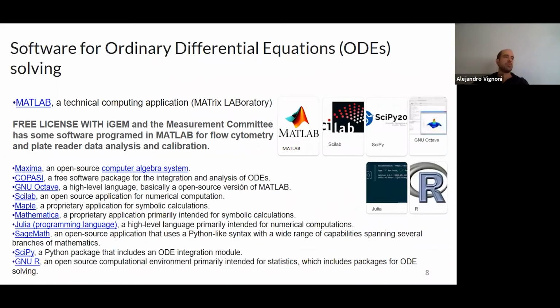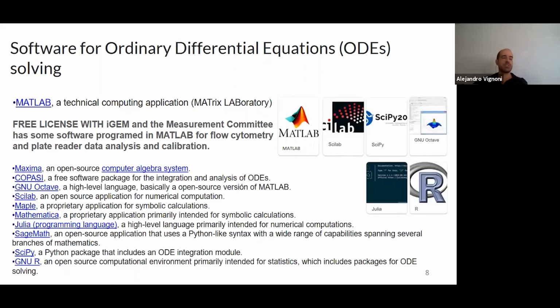A short note on what kind of software is there to solve ordinary differential equations. There is MATLAB, and it's the one that we will be focusing on for some reasons. One is that as iGEMers, you will get a free license.